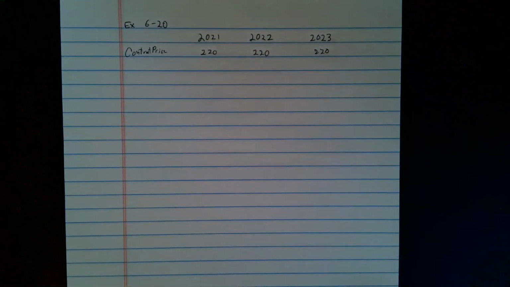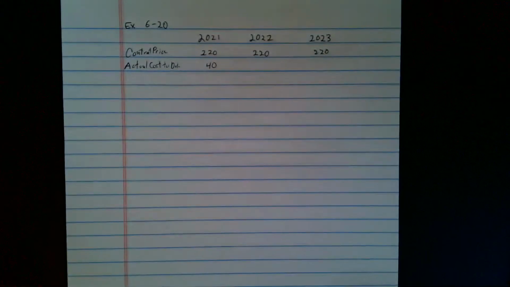Then the next thing that it has is the actual costs to date. So in this line, we have actual cost to date. And in the first year, we had 40 million. In the second year, we had 80 million, but that's added to the 40 million.